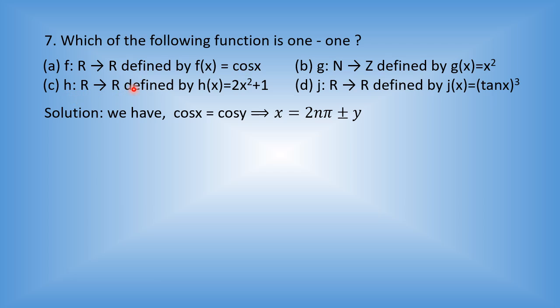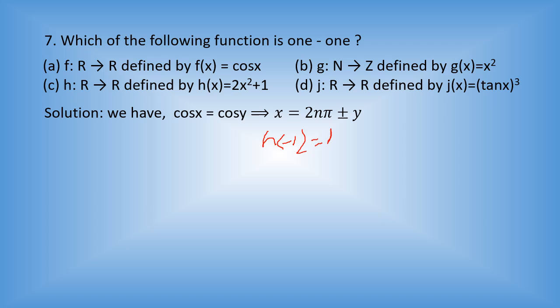h is a mapping from R to R defined by h of x is equal to 2x square plus 1. If you take any negative values here, that will become positive, plus 1 here. Set of all real numbers to set of all real numbers. But that is not 1-1 here.